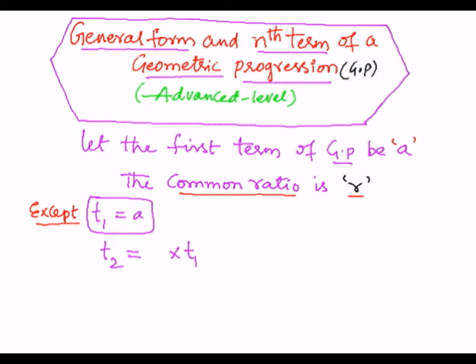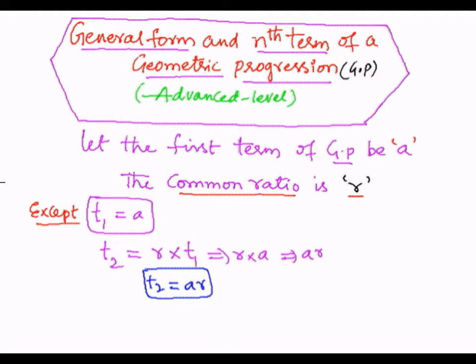So, T2 equals r into the first term. We have assumed the first term as a, so T1 equals a, and T1 must be replaced by a. In this manner I got r into a, or we can write it as ar. So, the first term is a and the second term is ar.